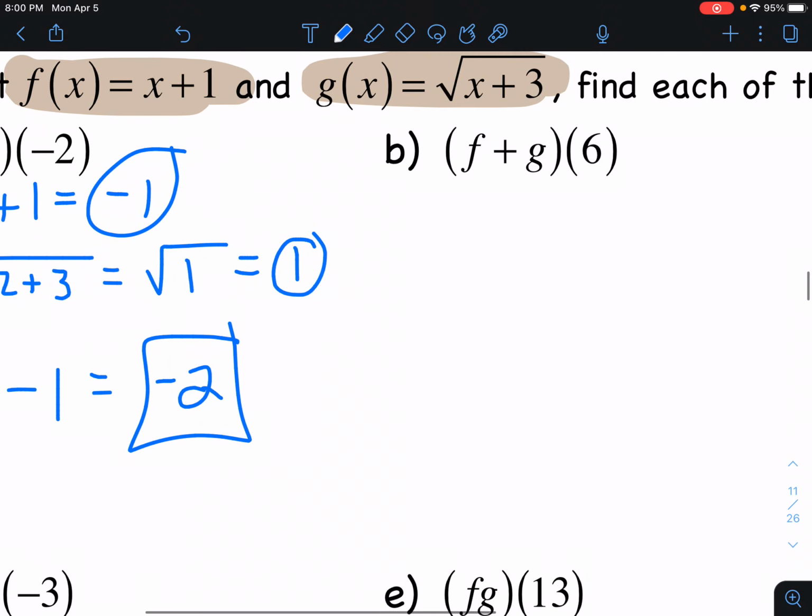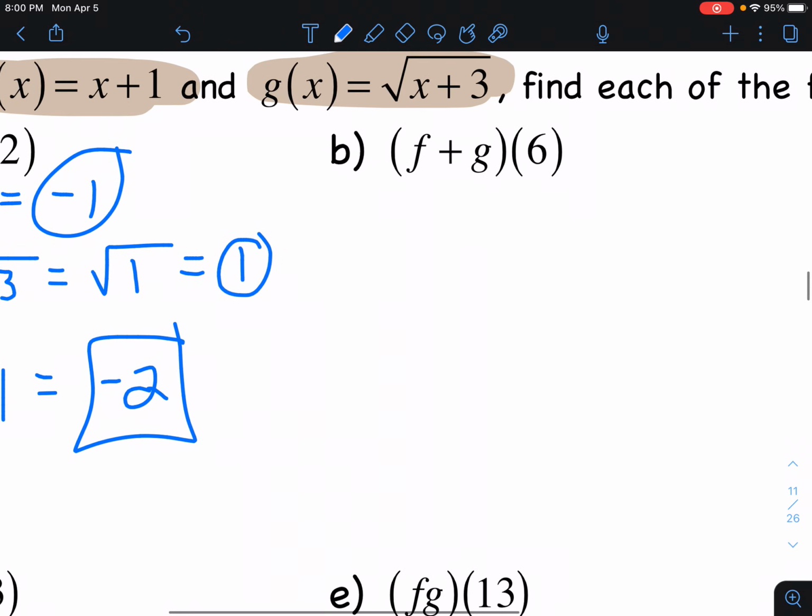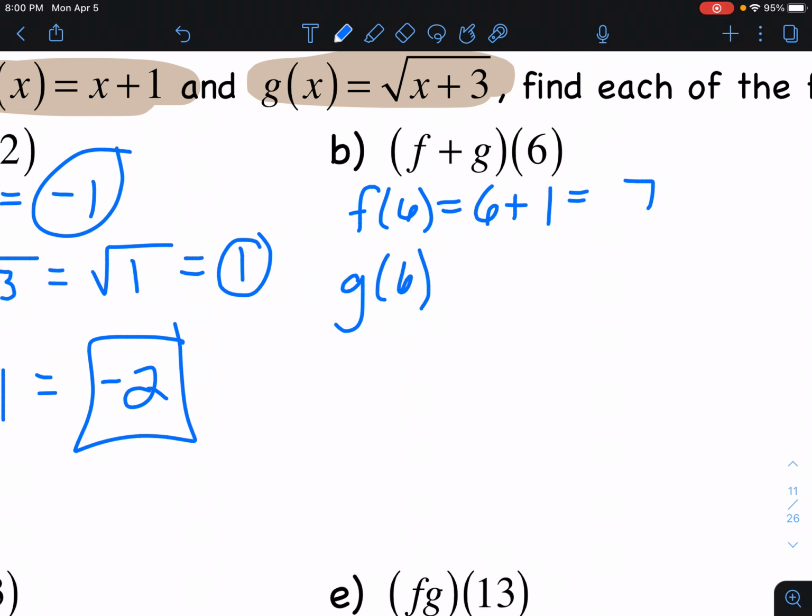In letter B, we're going to use 6 now for the x, and then we're going to be adding the result for f plus the result for g. So f of 6 is, we're using x plus 1, so 6 plus 1 is 7. We'll keep that number to the side. Now we'll do g of 6.